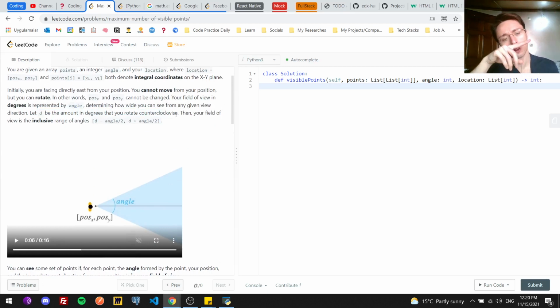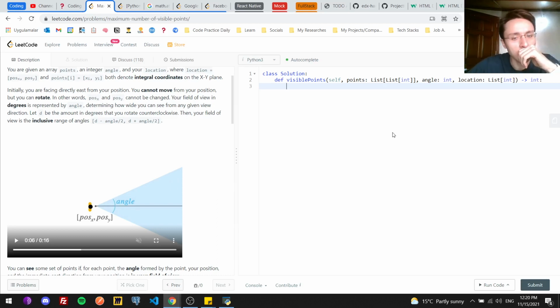Okay, counterclockwise. Every one minus half of the angle. So you always have the same degree angle, but you rotate, right?